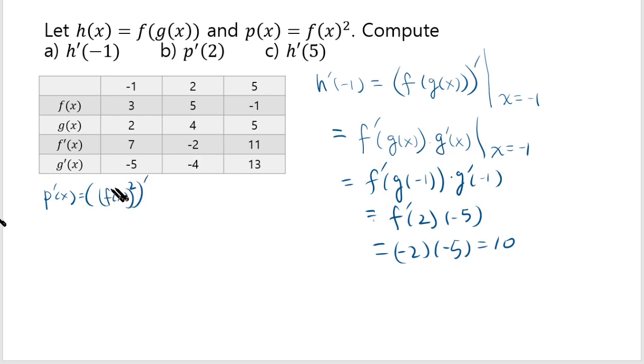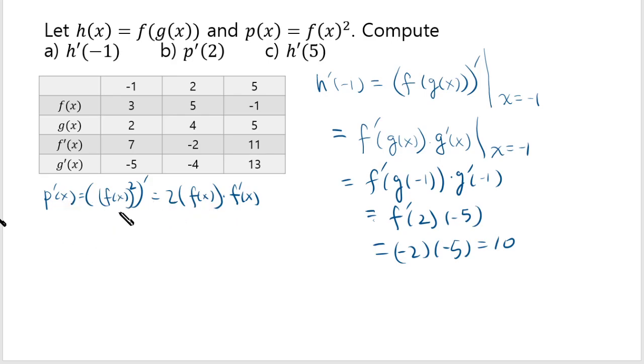So f of x can be thought of as the inside function, and you're really differentiating the square. X squared differentiates to 2x, right? But that's not x, it's really f of x. Then you bring this outside and you put the derivative of the inside. So that's what p prime of x is.